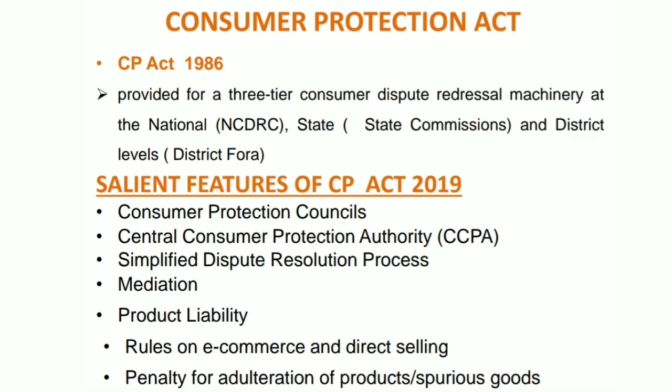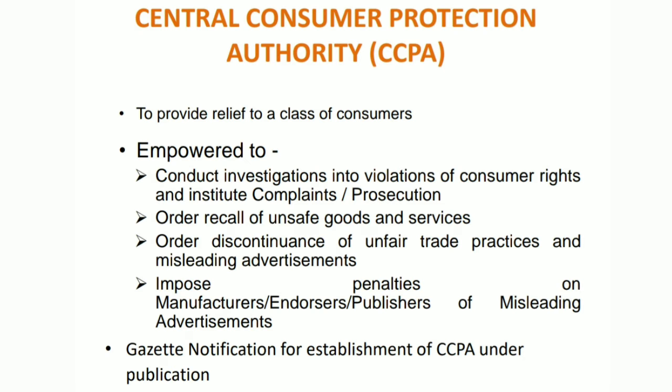Another is Rules on E-commerce and Direct Selling, and the last but not the least is Penalty for Adulteration of Products and Spurious Goods. It means in this whole act, these are the salient features, the characteristics of the Consumer Protection Act 2019. Now, one by one we will see all these things.